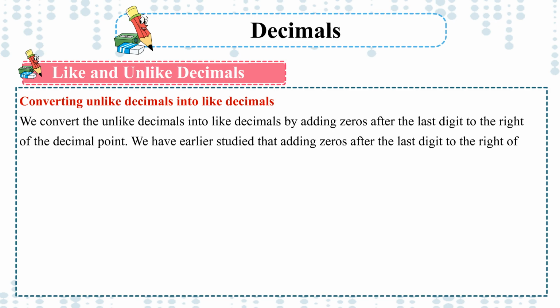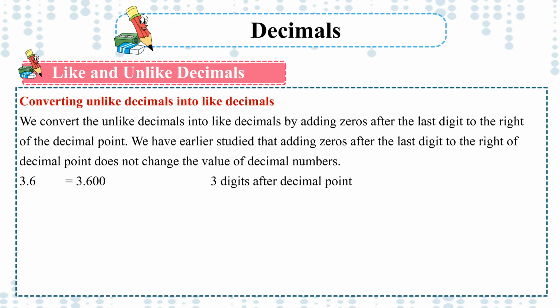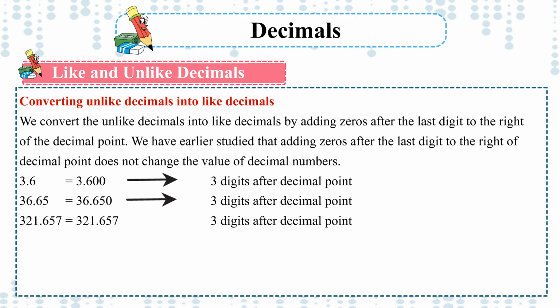We have earlier studied that adding zeros after the last digit to the right of the decimal point does not change the value of decimal numbers. 3.6 is equal to 3.600, 3 digits after the decimal point. 36.65 is equal to 36.650, 3 digits after the decimal point. 321.657 is equal to 321.657, 3 digits after the decimal point.